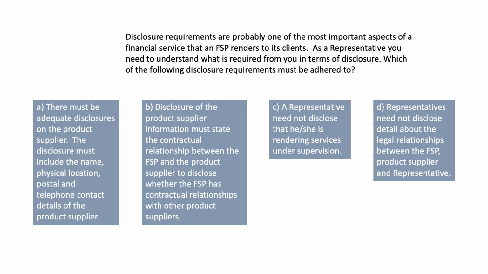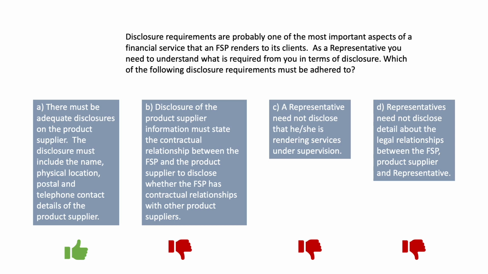Pause the video here and read through the question before deciding on your answer. The answer is option A. There must be adequate disclosure on the product supplier or product provider. The disclosure must include the name, location, and contact details of the product supplier.